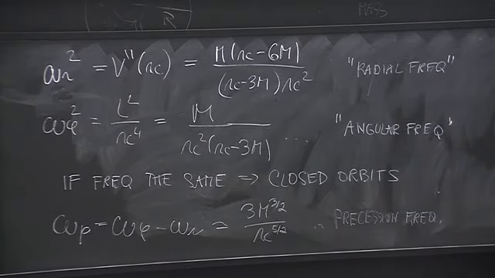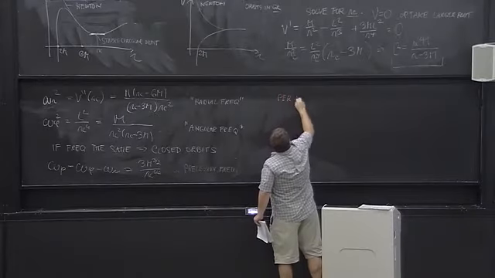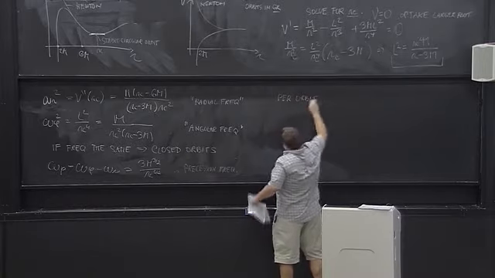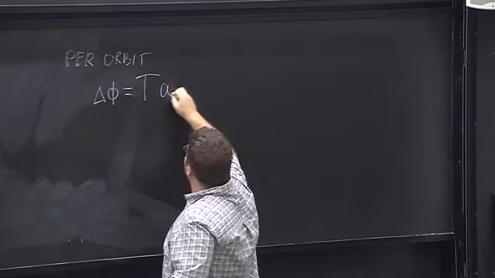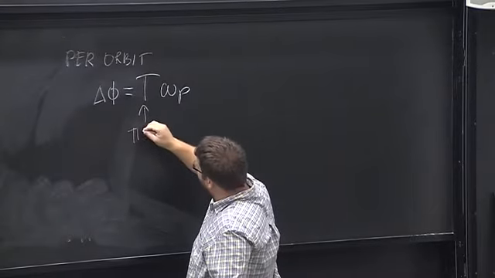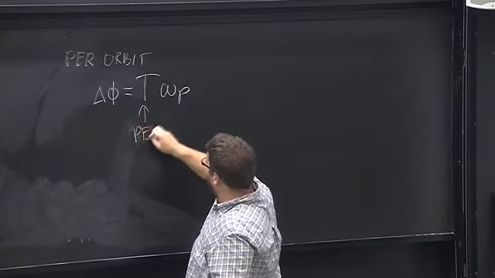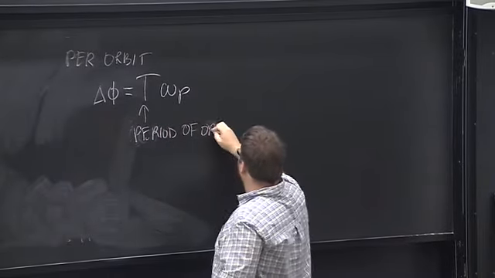So all you have to do is calculate these three lines here, and this is the frequency with which the angle phi is moving, the perihelion shift. If you want, I can give you a formula per orbit. Per orbit, I just have to multiply: delta phi is simply T times omega p, where T is the orbital period.